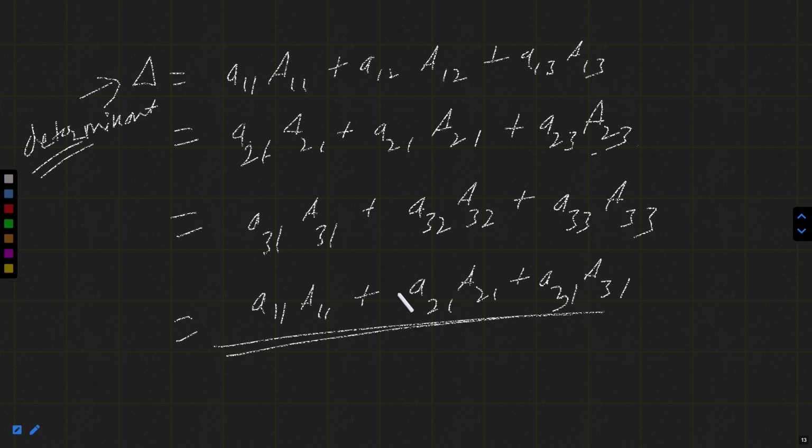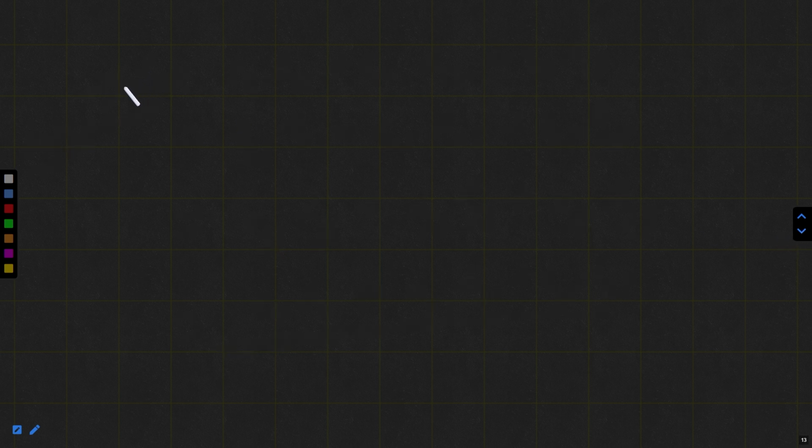Okay, simple. Now, in case of 2 cross 2 and 3 cross 3, you have one interesting property.